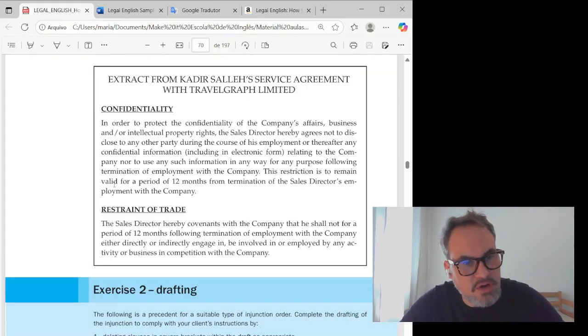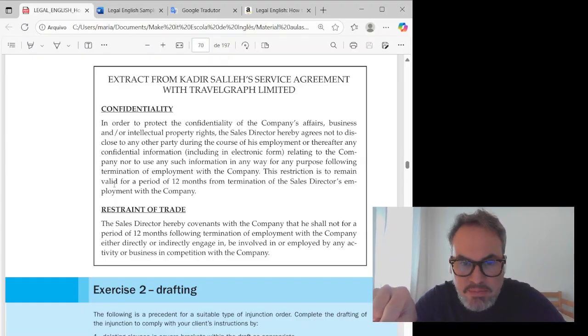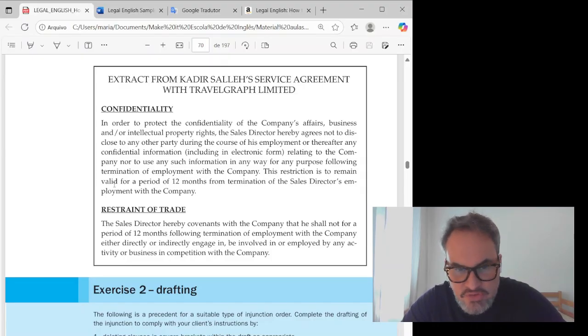So we have the second covenant here, the restraint of trade. The sales director hereby covenants with the company that he shall not, for a period of 12 months following termination of employment with the company, either directly or indirectly engage in, be involved in, or be employed by any activity or business in competition with the company.